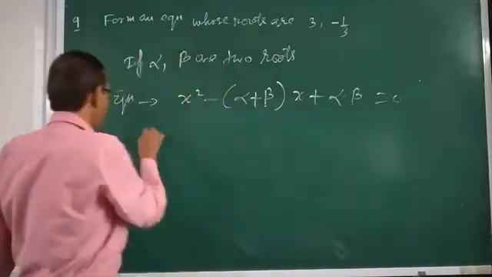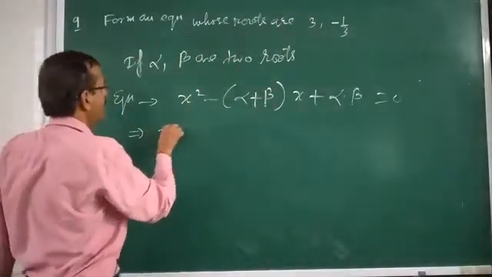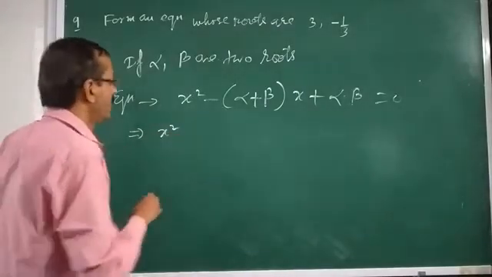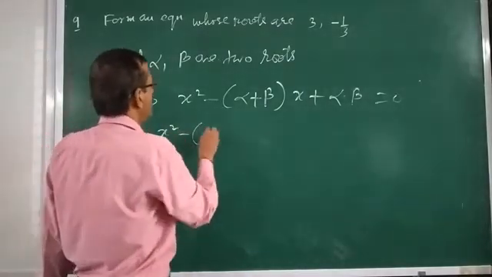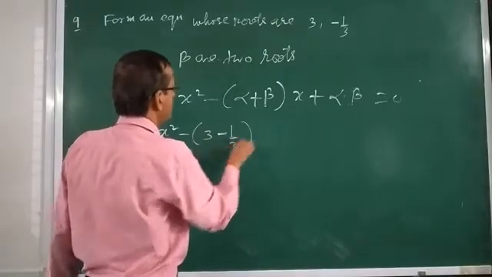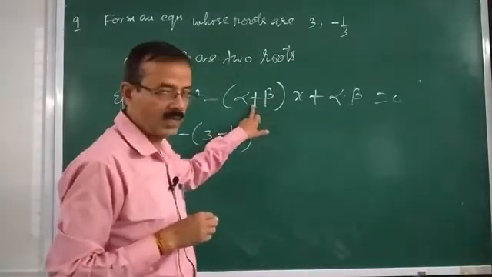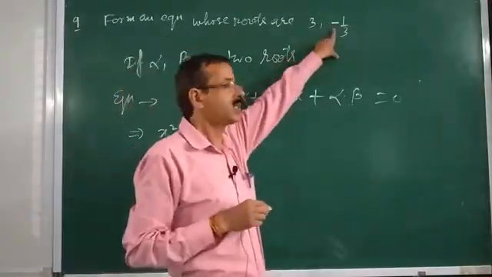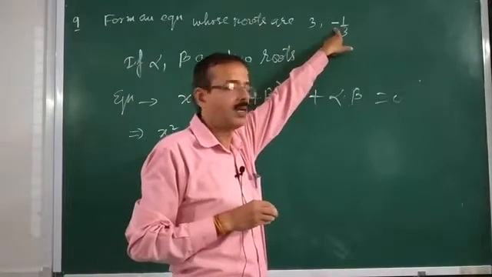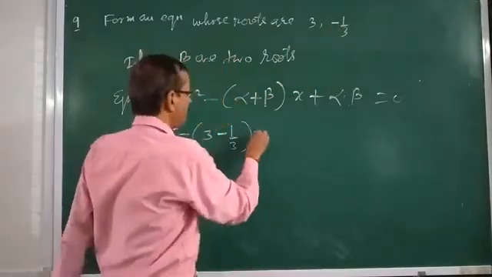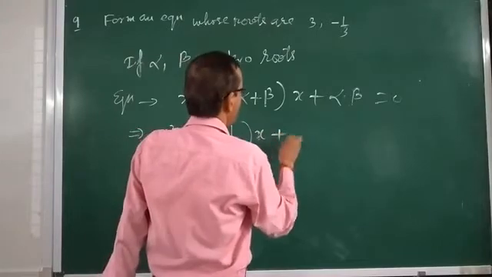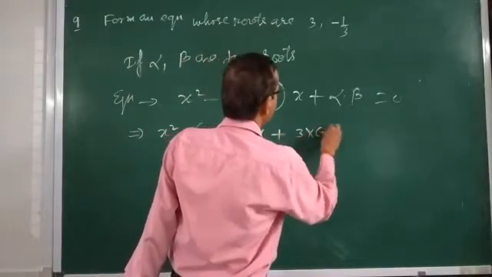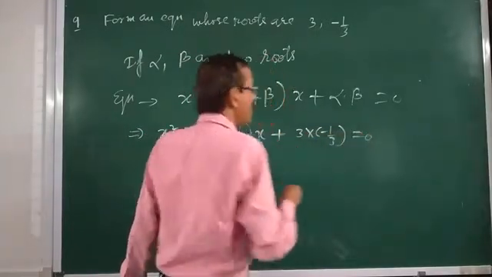So directly you can write the equation: x square minus 3 minus 1 upon 3 into x plus alpha into beta, 3 into minus 1 upon 3, is equal to 0.